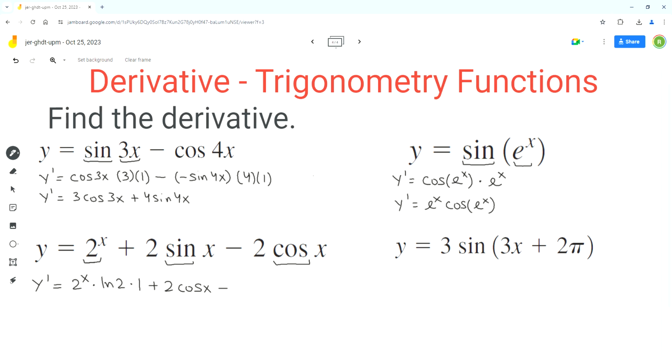Now in the third term 2 is the coefficient, so it will stay as it is, and the derivative of cos x is minus sine x.